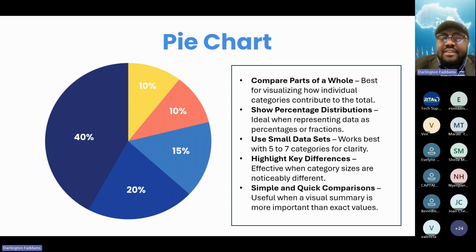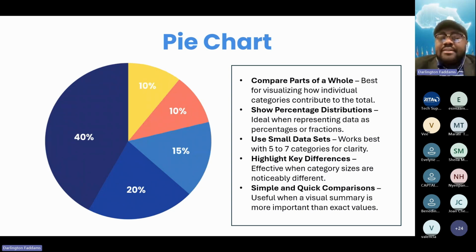We also have the next point, which says highlight key differences. Effective when category sizes are noticeably different. Yes. So with this, you can see how they are very, very different and they are very, very clear. You can see the slice for the yellow, the slice for the various colors, and you can see that they are all noticeably different.